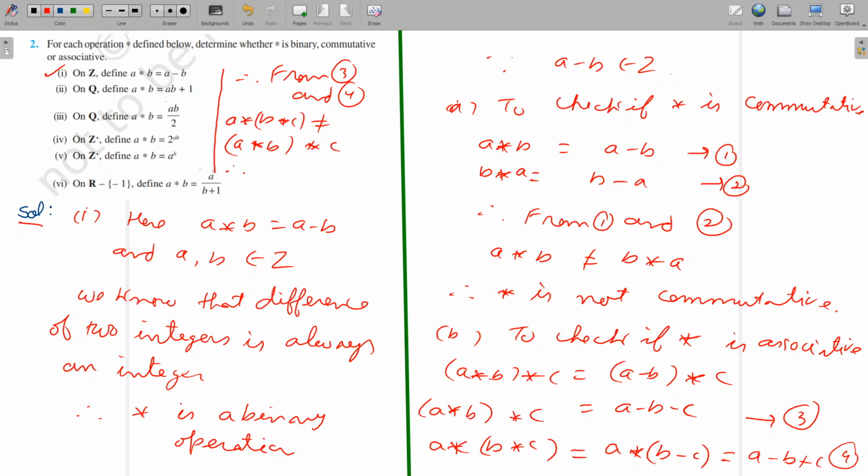Therefore, star is not associative. So, it is neither commutative nor associative. So, this is the answer of the first part.